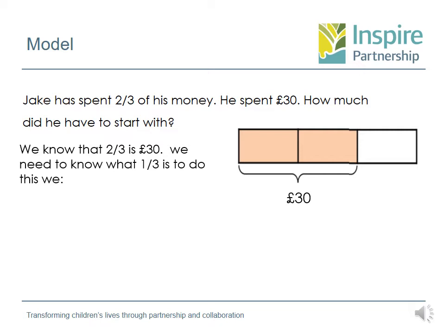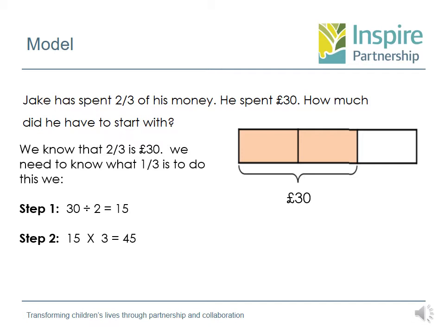So to do this, step 1, we need to do 30 divided by 2, which is equal to 15. We're dividing it by 2 because there's 2 shaded parts and we only want to know how much one part is. So we know that one part is worth 15. Now we need to do 15 multiplied by 3, which is 45.